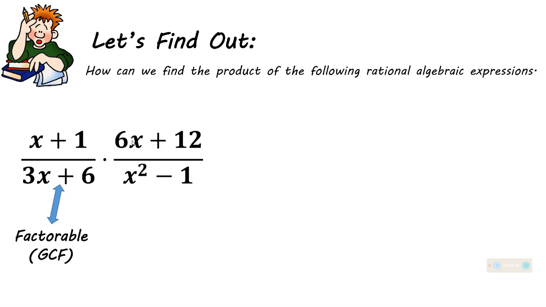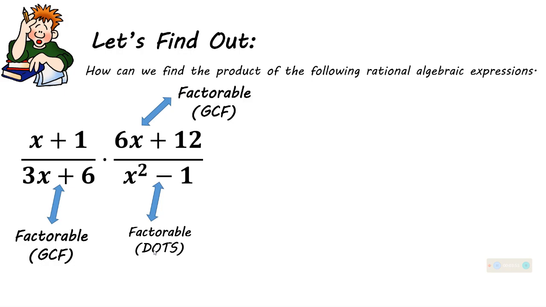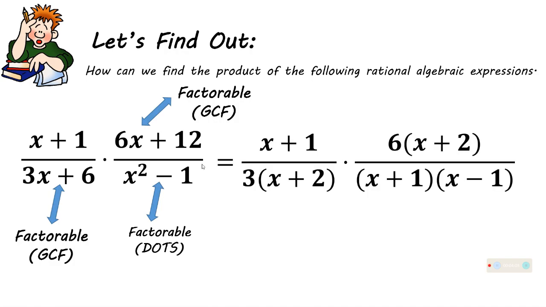On the second fraction, the numerator and the denominator are factorable. Our denominator is factorable because it is under DOTS, and our numerator is also factorable under factoring polynomials with GCMF. So you are going to factor out again the factorable.